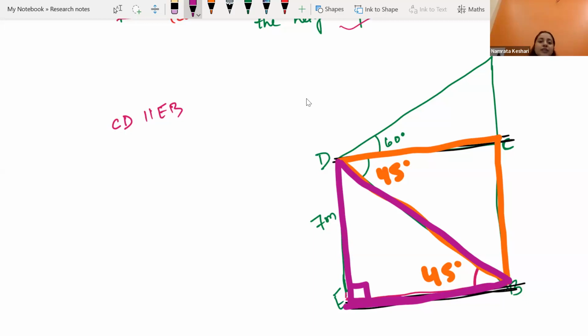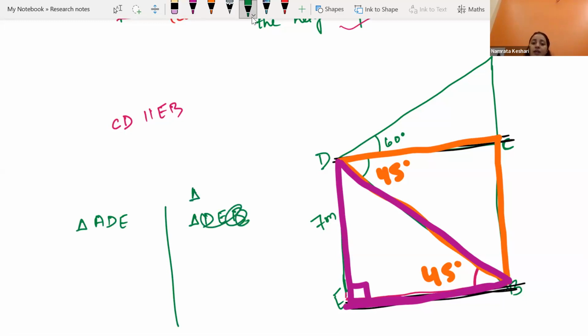Now we will say that we are having how many triangles? The upward triangle, that is triangle ADE, and the purple color triangle, triangle DEB. That's it. Is it okay? Or if you don't want to take DEB, take the orange one.